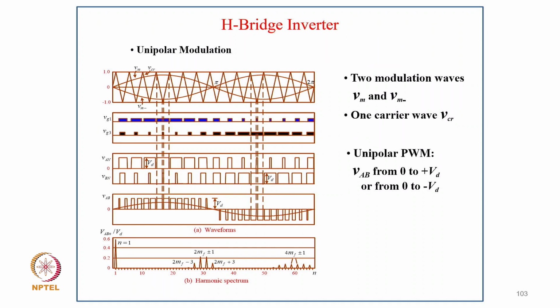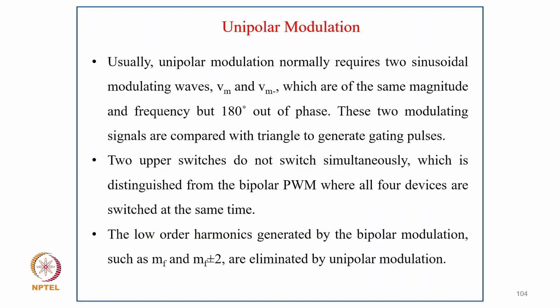And this is the typical unipolar modulation scheme with the two modulation waves VM and VM minus, and a carrier wave VCR, and unipolar VAB from 0 to plus VDC and or 0 to minus VDC, and you can see the harmonic content in that. So usually the unipolar modulation normally requires two sinusoidal modulating waves VM and VM minus, which are the same magnitude and frequency but 180 degrees out of phase.